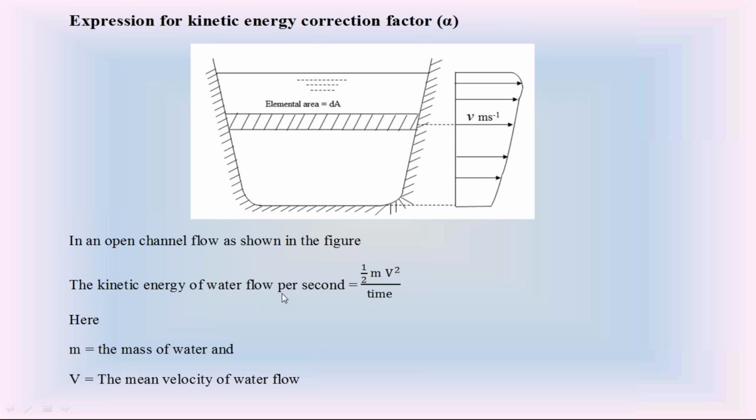Kinetic energy of water flow per second is equal to half mv square divided by time. If per second is not there, kinetic energy is only half mv square, but we are calculating the kinetic energy of water flow in the open channel per second. So it is equal to half mv square by time. Here m is the mass of water, v is the mean velocity of water flow.